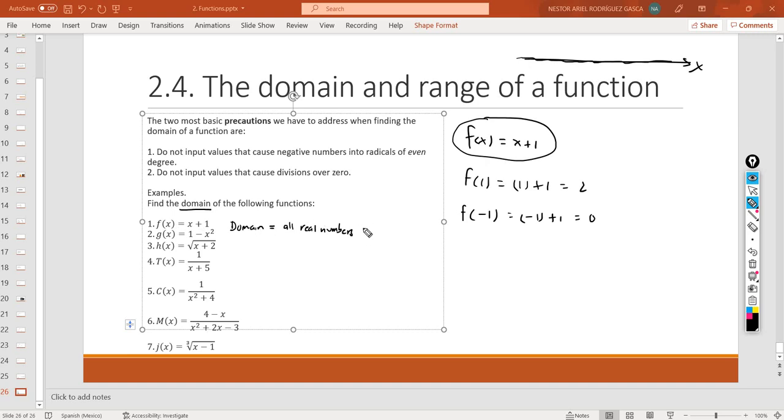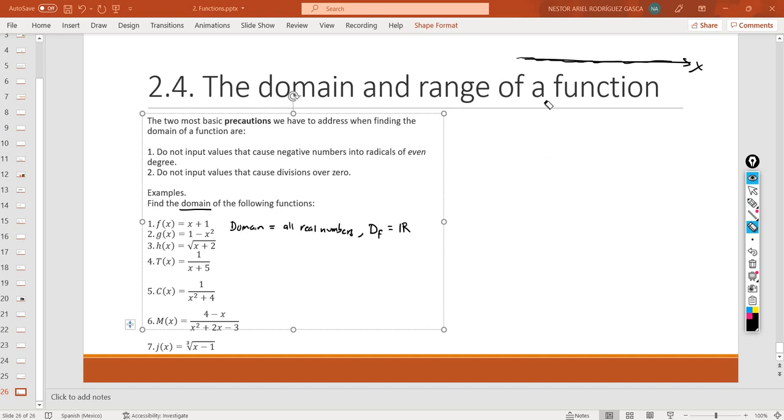Another way we can write this is the following: the domain of f equals the symbol which represents the real numbers. This and this mean the same, so use whichever you like, doesn't matter.